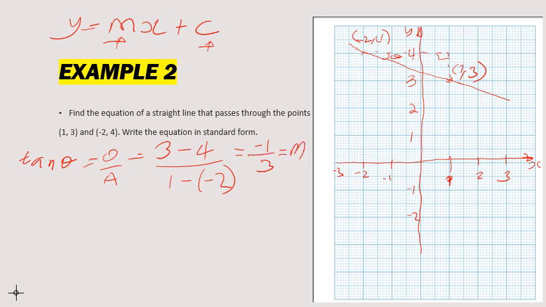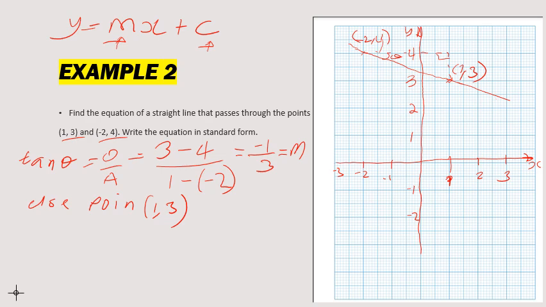Now we know m, we need to find the value of c. For us to find the value of c, we just have to choose one point. It can be any, this one or that one. Let's use point (1, 3).